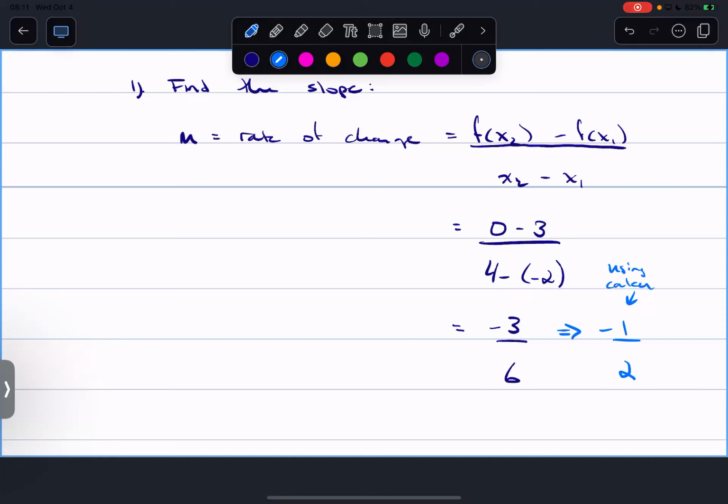Using the calculator for simplified form. And if you don't know how, then ask me after class.